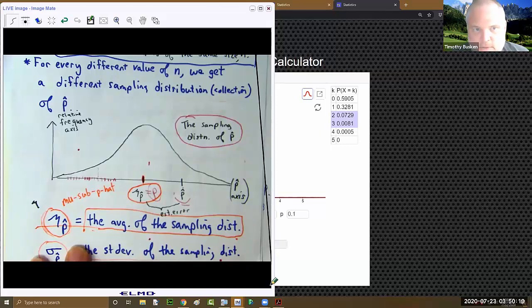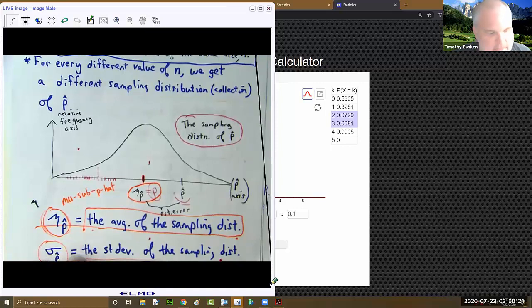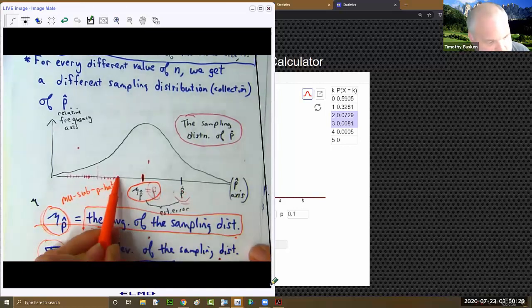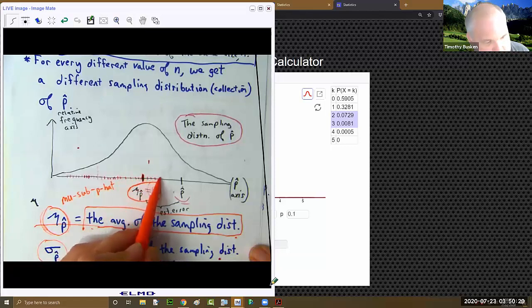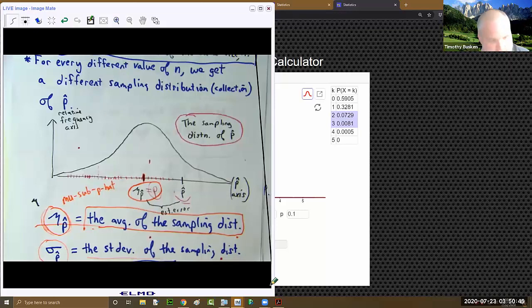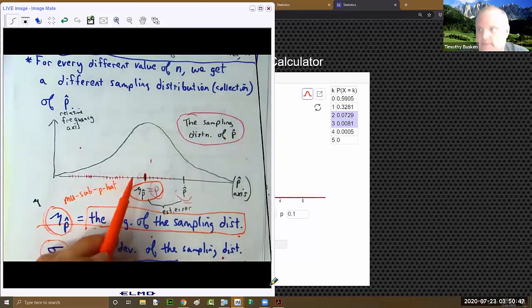Every time you conduct a binomial experiment, you're going to get a value of p-hat, some number along the p-hat axis. It's likely that your value of p-hat will be close to the value of p. But if you examine a number of different random samples, because of sampling variability, a lot of those sample percentages will be different values on this axis. Okay?